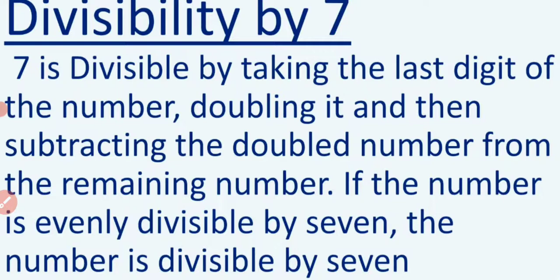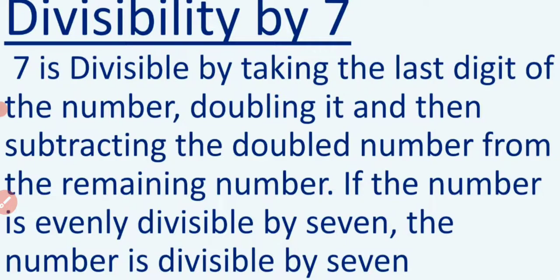So here we are just going to check that the difference of the remaining number and twice the last digit is 7 or divisible by 7, or 0, then the number is divisible by 7.